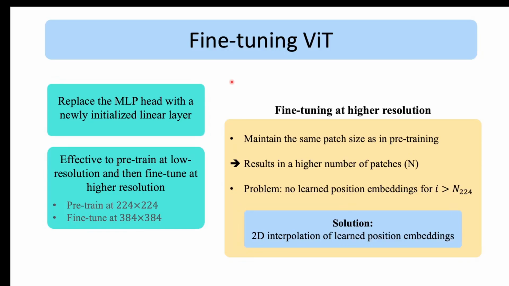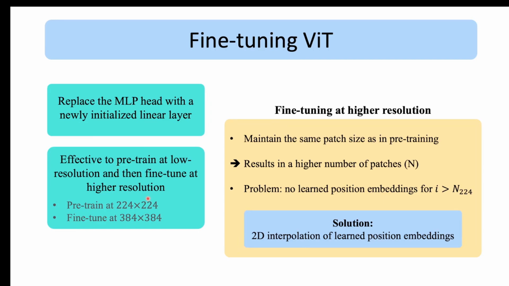And for fine-tuning, they discard the MLP head from the pre-trained model and replace that with a newly initialized linear layer. They also note that it's more effective to pre-train at low resolution and then fine-tune that at higher resolution.